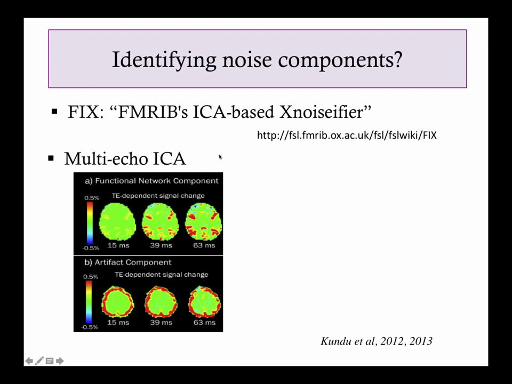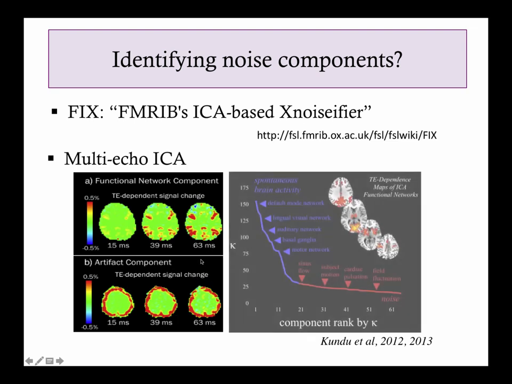But briefly, the technique requires that you do a multi-echo acquisition, which means that instead of acquiring an image at just one echo time per TR, you're actually acquiring images at multiple echo times. And it uses the fact that BOLD signals show a TE-dependent scaling in their percent signal change, which is something you would expect in real brain networks, whereas non-BOLD components would not have this echo time dependence.